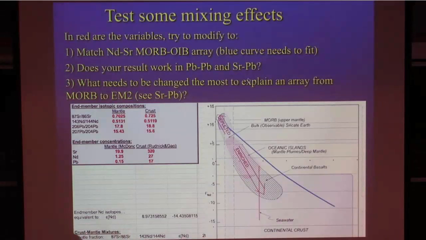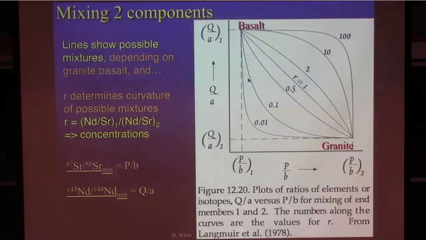So the whole exercise in mixing, the curvature that you get depends on the concentration ratio of the two elements that make up the isotopes that you're looking at in component 1 versus component 2.